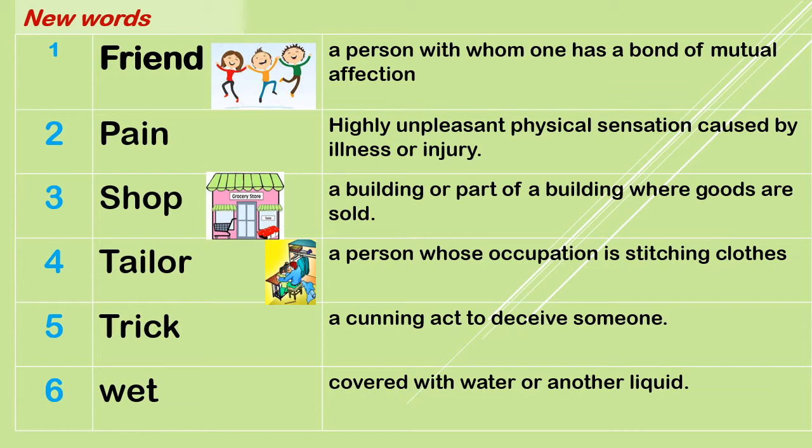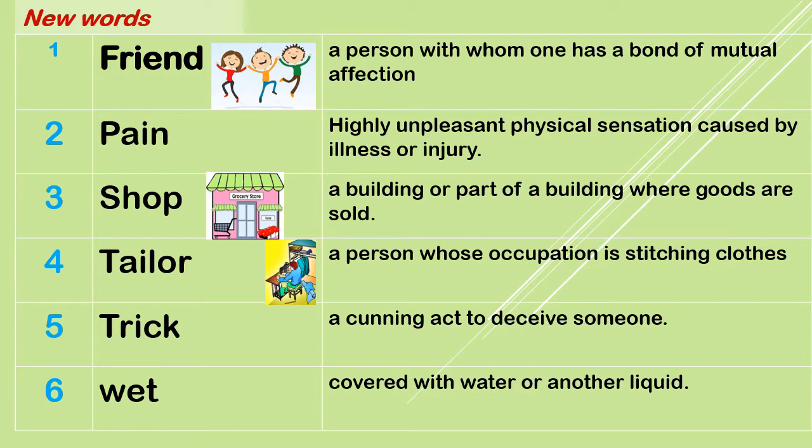For example, if we want to stitch our uniform or any pant and shirt or a dress, we would go to a tailor. Trick, a cunning act to deceive someone. So when a magician performs magic, he is doing some tricks. Wet, covered with water or another liquid. So when we go to the tap and wash our hands, they become wet when the water falls on our hand.